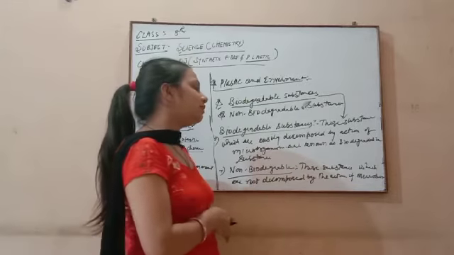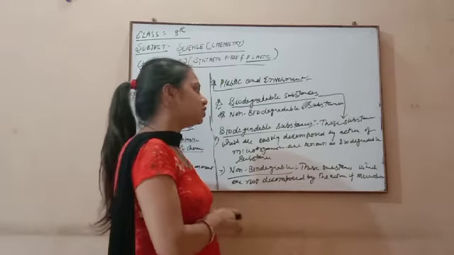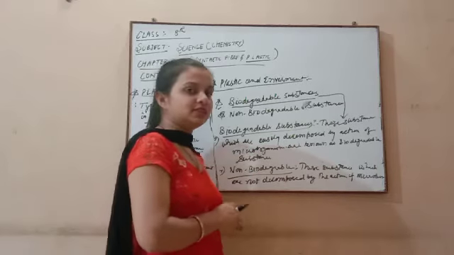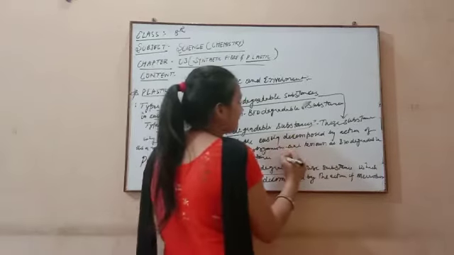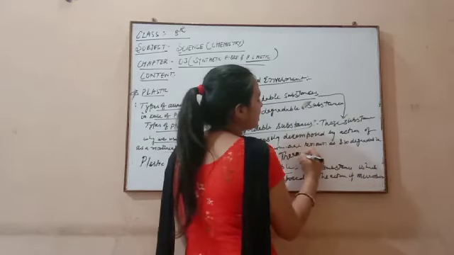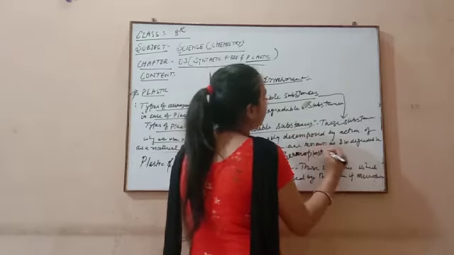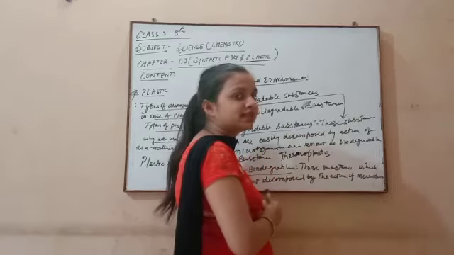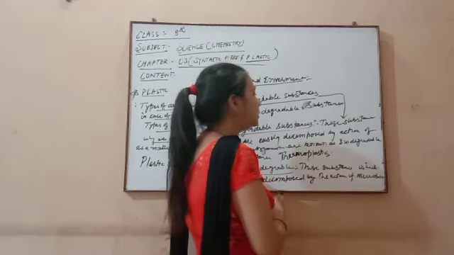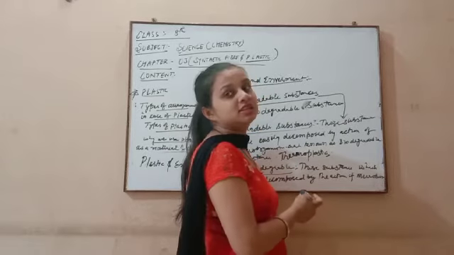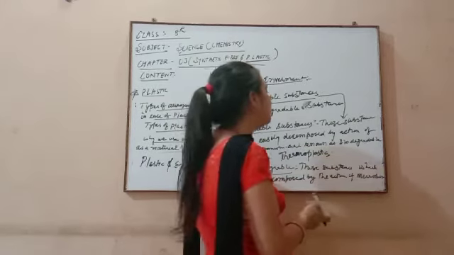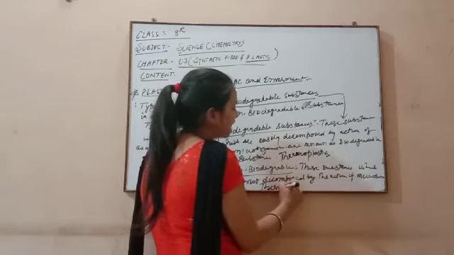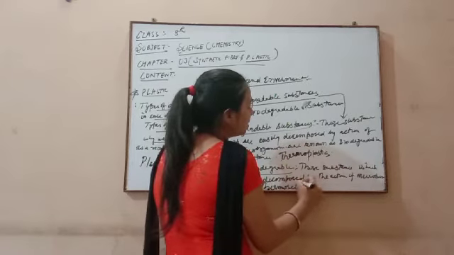These biodegradable substances are easily decomposed by the action of microorganisms. If we take the types of plastic, thermoplastic comes under biodegradable substances. It is easily decomposed by the action of microorganisms and it is easily recycled into a different form of plastic. But thermosetting plastic is an example of non-biodegradable plastic.